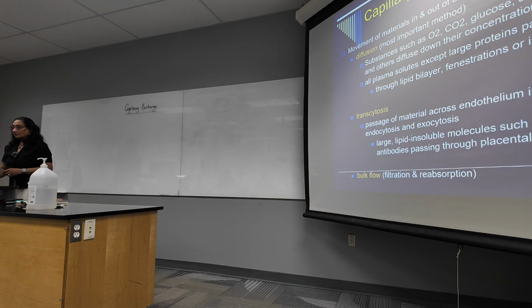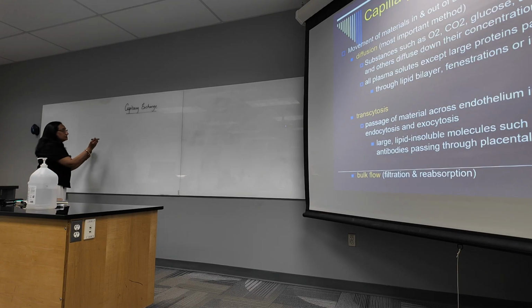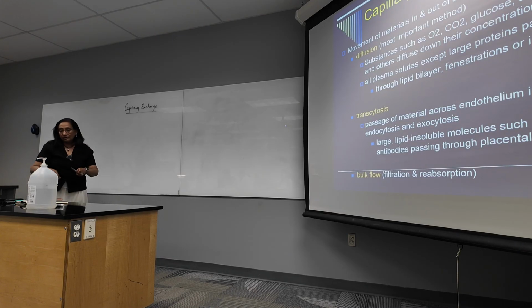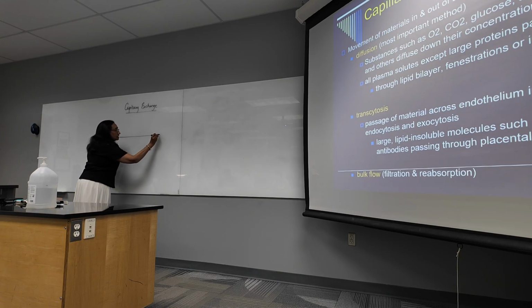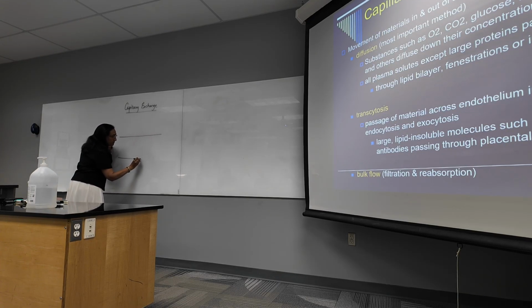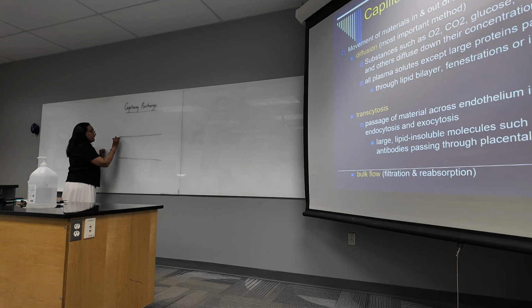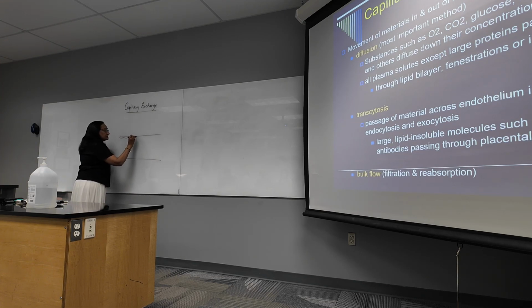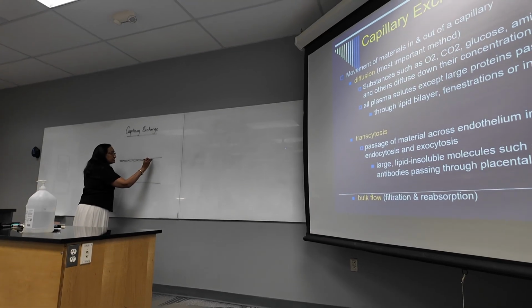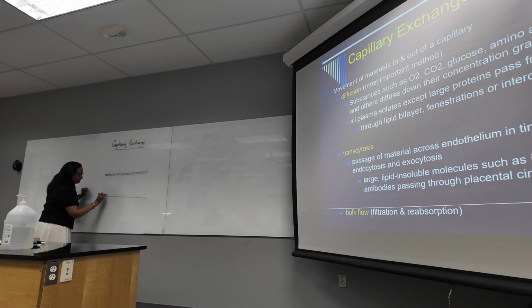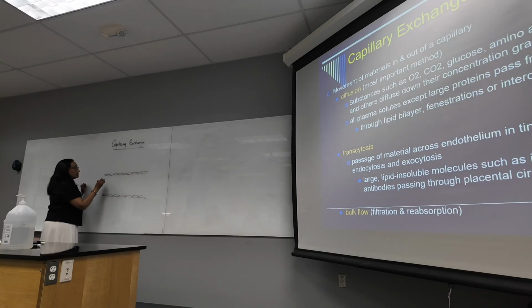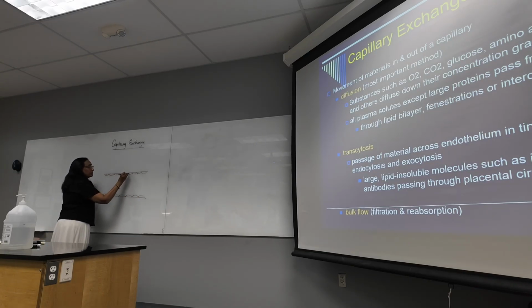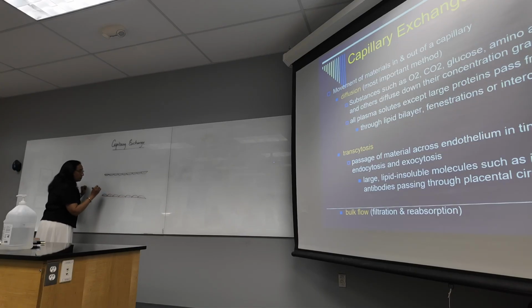Now, you know the capillary, so let's look at how a capillary looks. You have the basement membrane, and the inner lining is just a single layer of flat cells, simple squamous epithelium, with lots of microscopic pores.